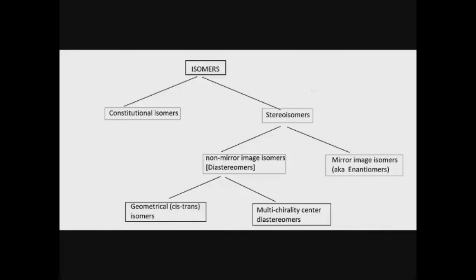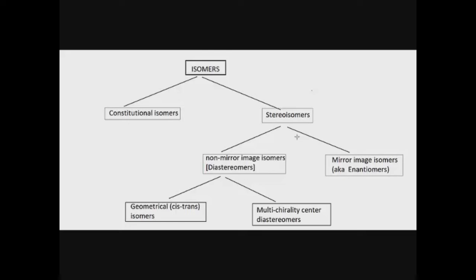we've used this chart before, and this describes the different categories of isomers. The heading of this is isomers, and we know at this point that there's two main classes of isomers: constitutional isomers and stereoisomers. At this point now, we've learned that there are geometrical isomers and mirror image isomers.